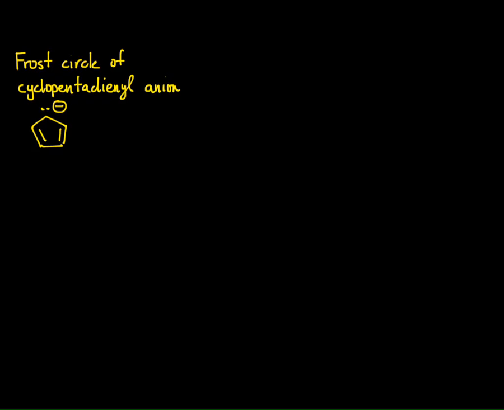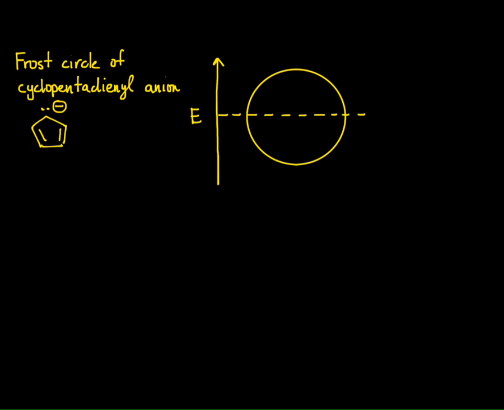So let's think about drawing the Frost circle of the cyclopentadienyl anion. Again, we start off with our circle. We draw the pentagon in that circle, again with the vertex pointing down. And we get 5 orbitals. 3 of them are bonding orbitals, 2 of them are non-bonding orbitals.